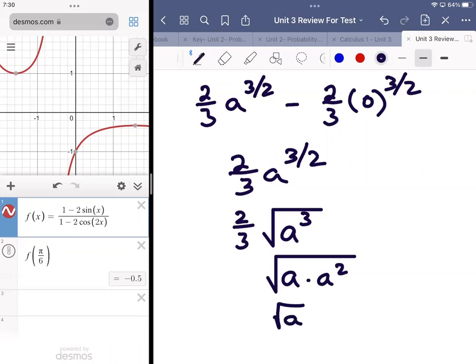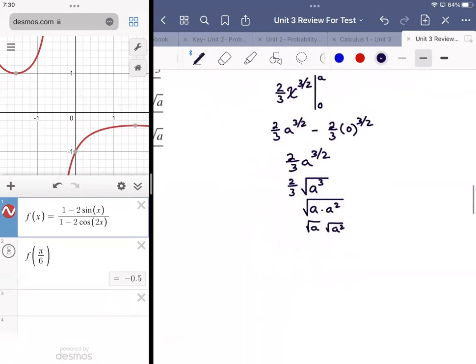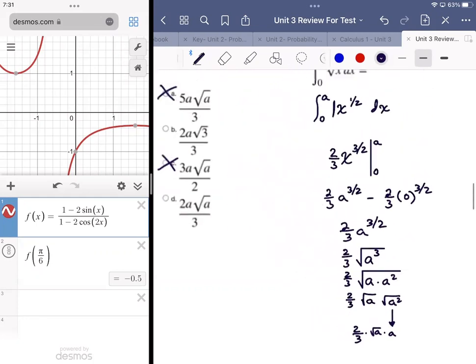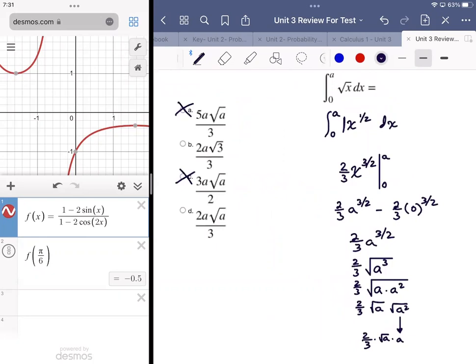So radical a times radical a squared with the 2/3 out in front. The square root of a squared is a. We have the radical a and we have the 2/3 all multiplied. And looking at the choices now, it doesn't take much doing to make that equivalent in appearance anyway to choice D.